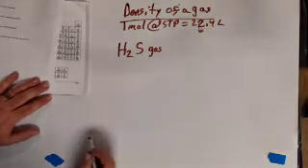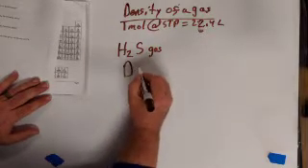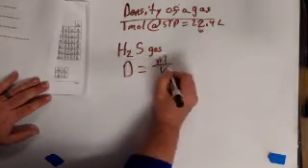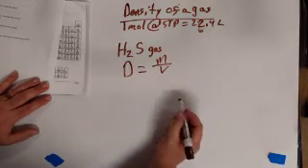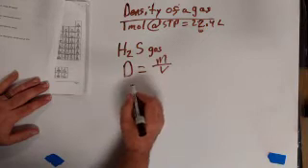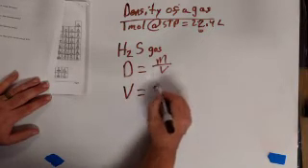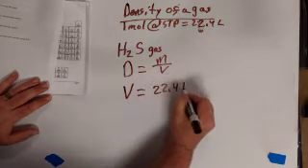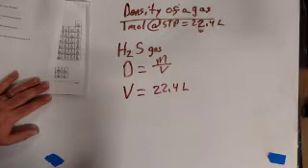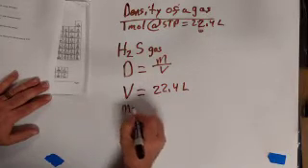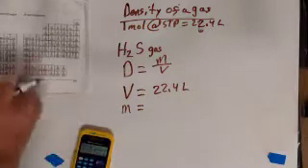Okay, so we know that density is mass divided by volume, right? And we're talking about 1 mole. So we know that the volume is 22.4 liters. We know that the mass of 1 mole, we're going to look at our periodic table.